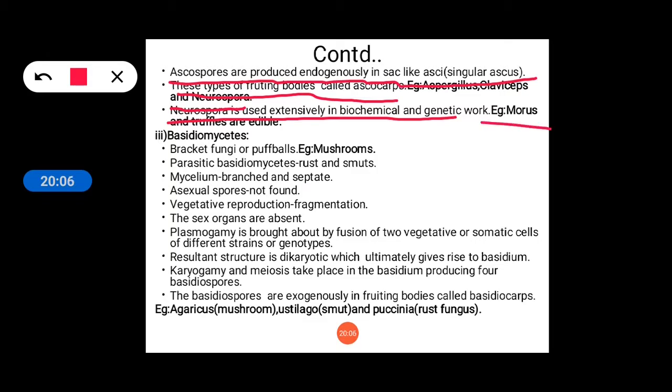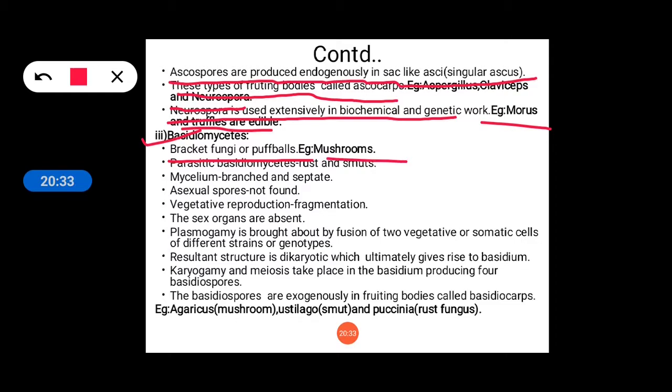Example, morels and truffles are edible. Morels and truffles are ascomycetes which are edible. That means we can eat the fungi, morels and truffles. The third class of fungi is basidiomycetes. They are also known as bracket fungi or puffballs.